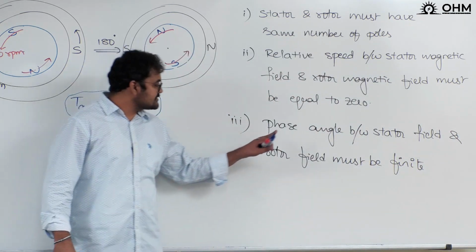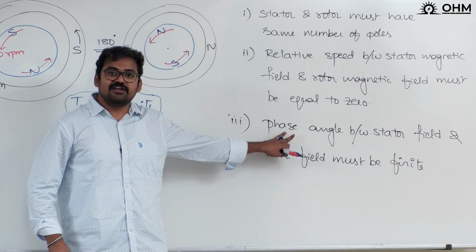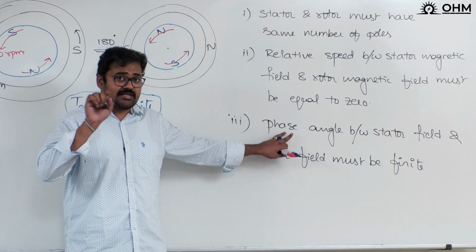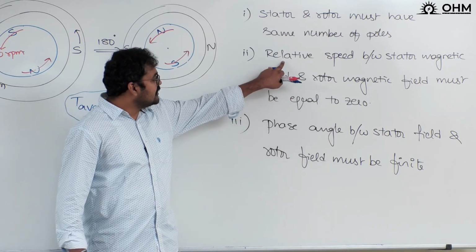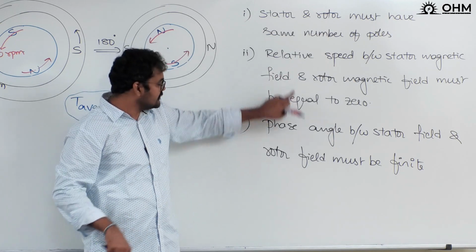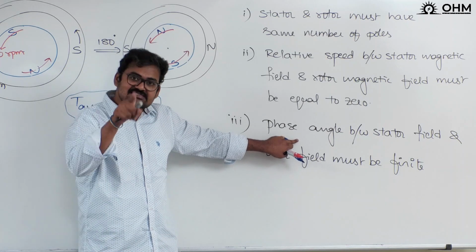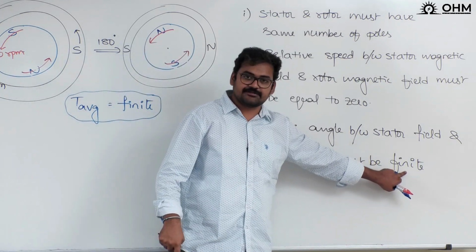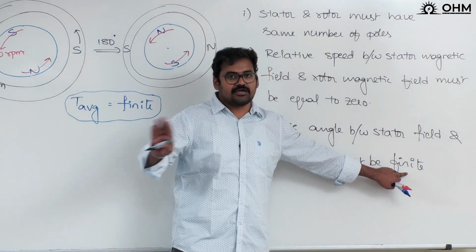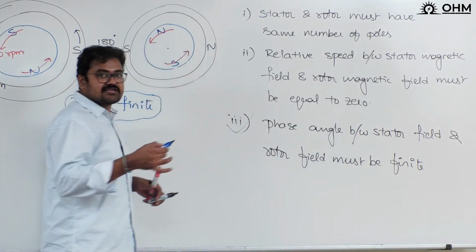The third condition is the phase angle difference between stator field and rotor field must be finite. So clearly understand the difference. In the second point we are talking about relative speed, that should be 0. In the third point we are not talking about speed, we are talking about phase angle difference, that should be finite. If it is 0, torque cannot be produced. So how can you understand the third point is our next discussion.